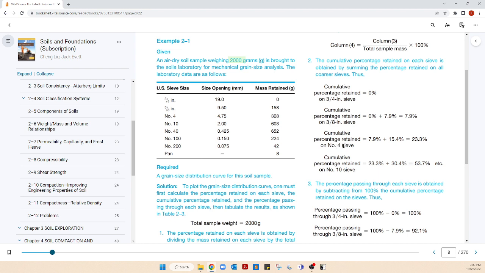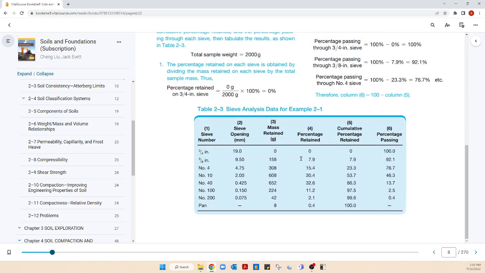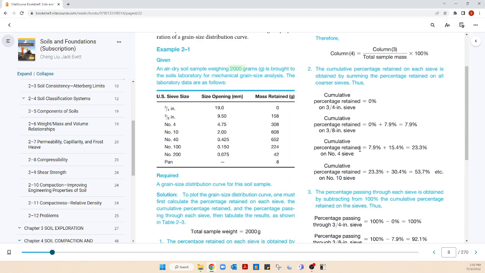Move on here to the number 4 sieve. The percentage retained on the number 4 sieve is 15.4. Zip back up here and put the 15.4, but we have to add it to the 7.9. So the cumulative percentage retained on the number 4 sieve is 23.3%.